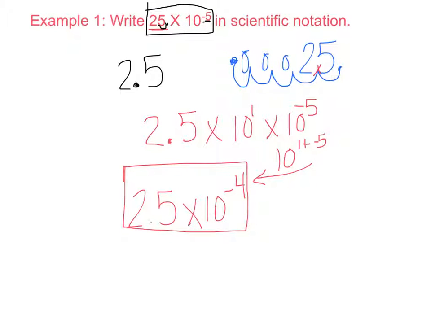Let's take a look at example 2. Example 2, we're asked to write 0.25 times 10 to the 4th in scientific notation. Once again, we start with 0.25. We want to write that in correct scientific notation. So that's going to be 2.5, just like example 1. But now we actually subtracted 1. We moved our decimal to the right, so therefore it's a negative movement.